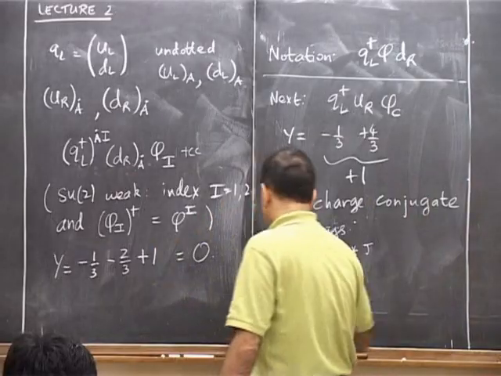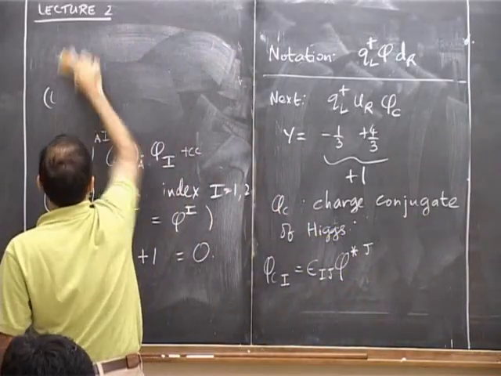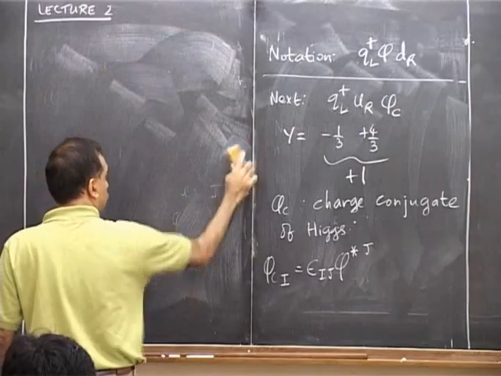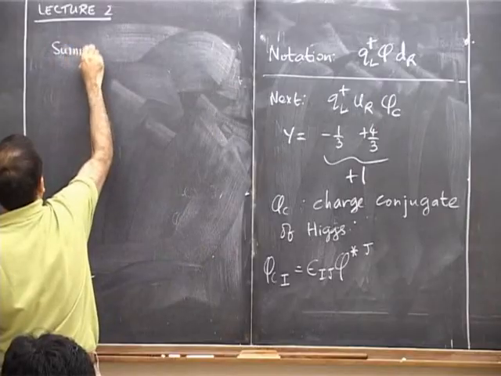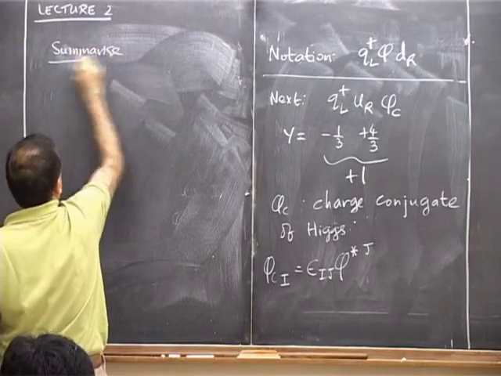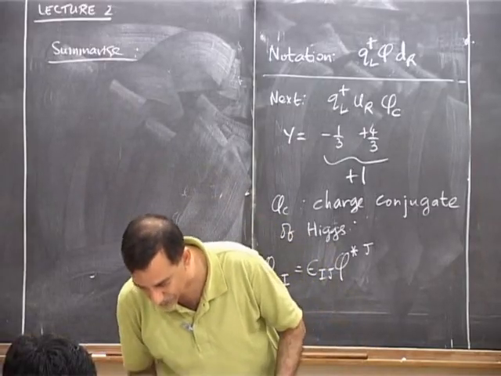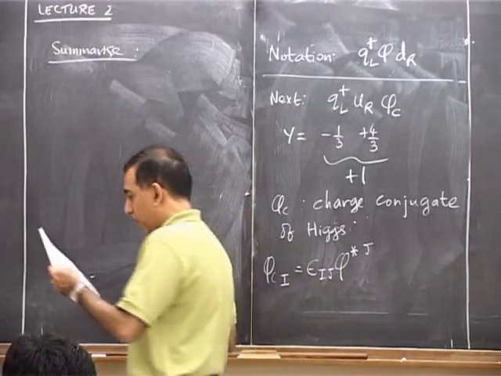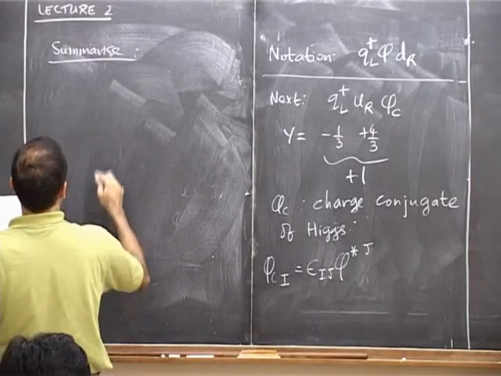So to summarize, ignoring neutrinos, we have three mass terms. Now again, this is in DGR notation.